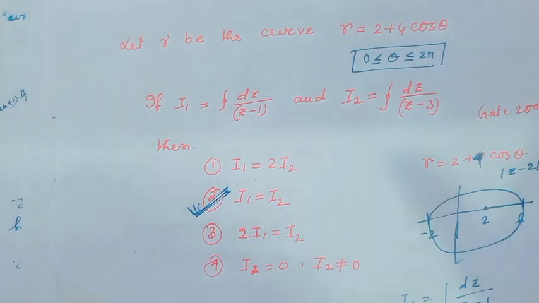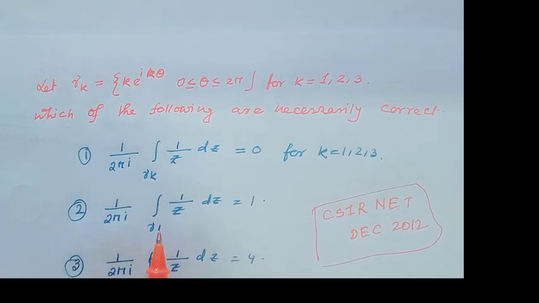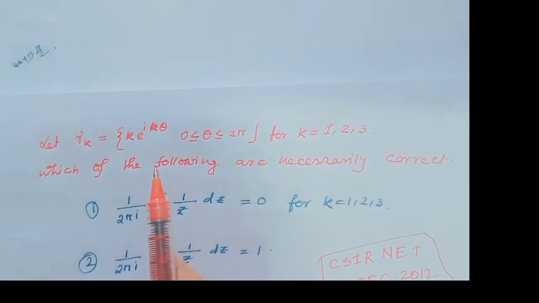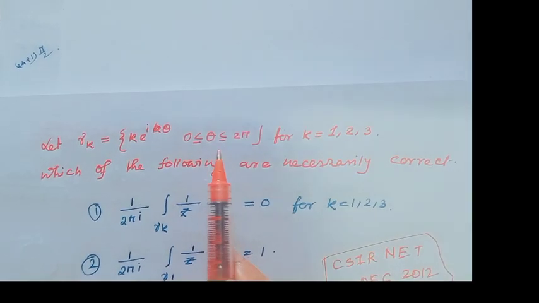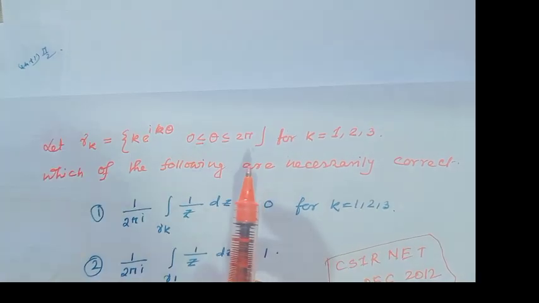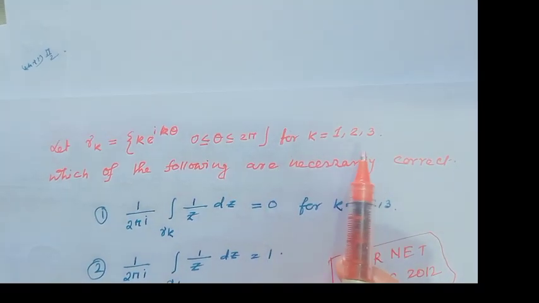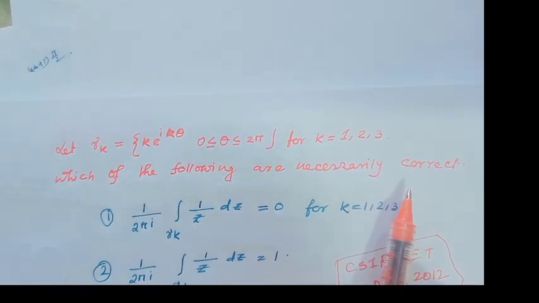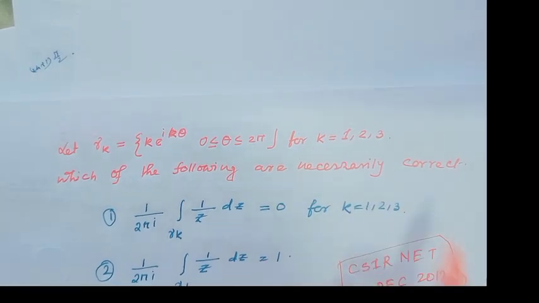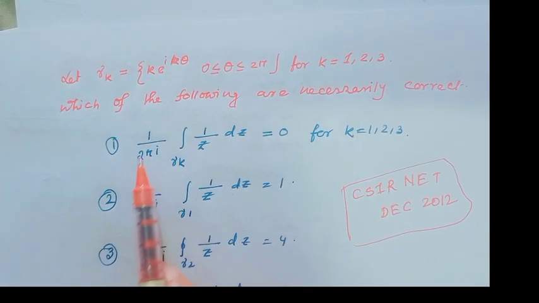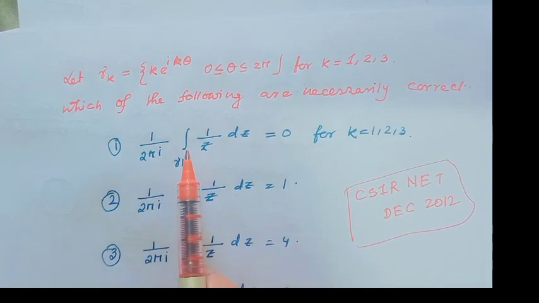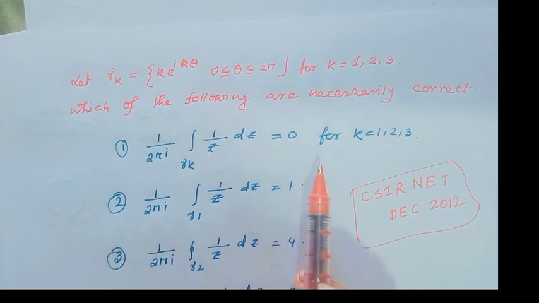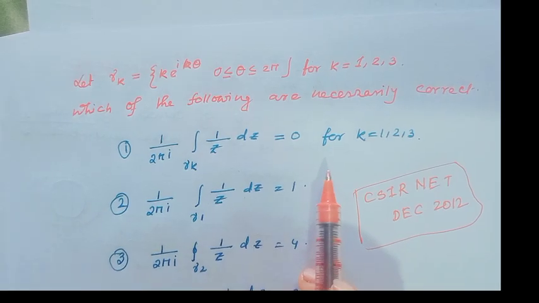Okay. Next question: let gamma k equal to the set k e to the power i k theta, where theta lies between 0 and 2 pi, for k equal to 1, 2, 3. Which of the following are necessarily true? Option 1: 1 over 2 pi i times the integral over gamma k of 1 over z dz equals 0.